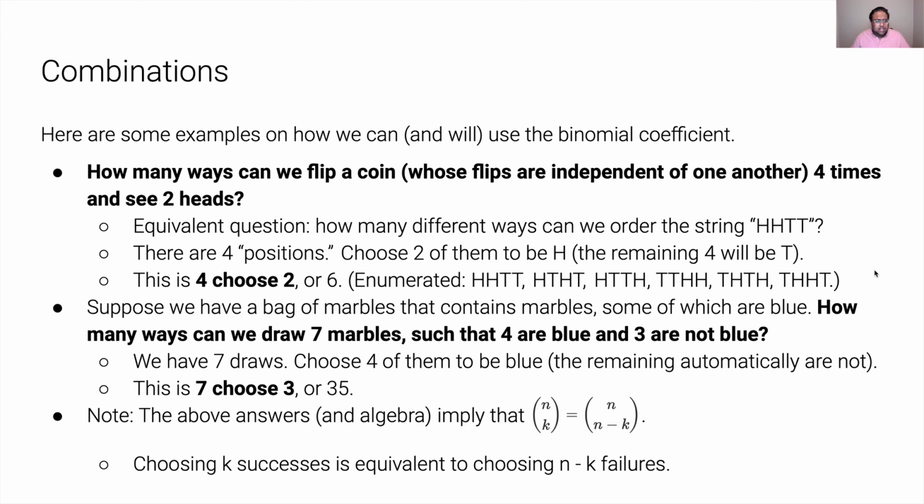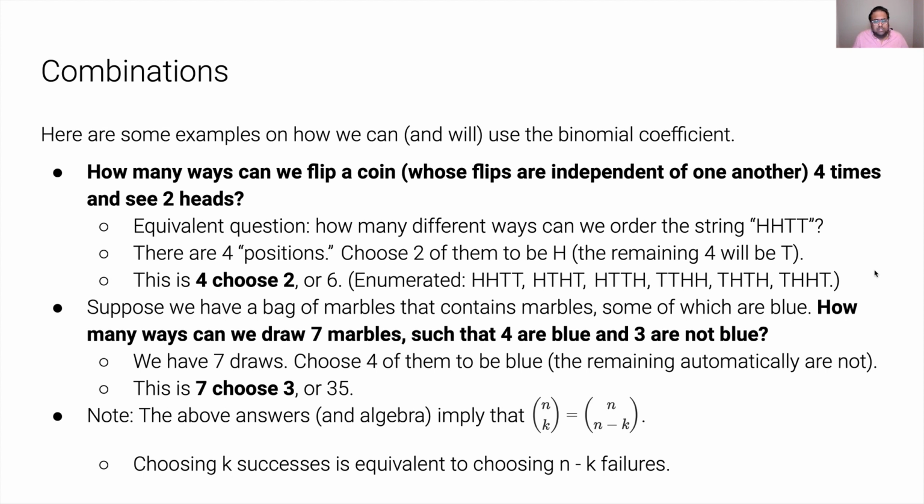Another example is, suppose we have a bag of marbles and some of them are blue. How many ways can we draw 7 marbles such that 4 are blue and 3 are not blue? Again, an equivalent way of thinking about this is we have 7 positions or 7 draws. Choose 4 of them to be blue. By default, the other 3 will not be blue.